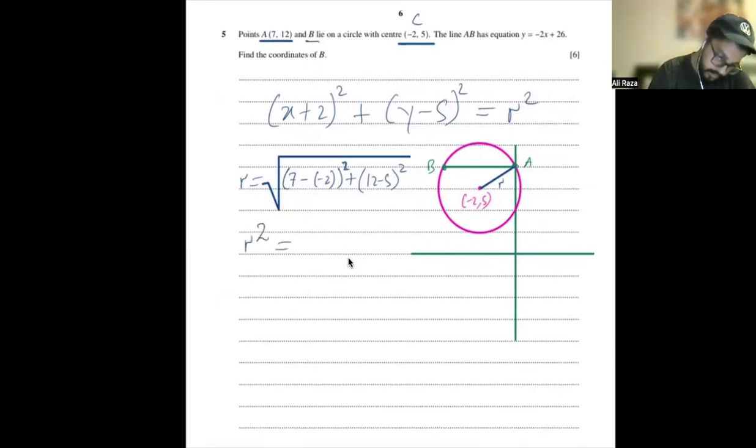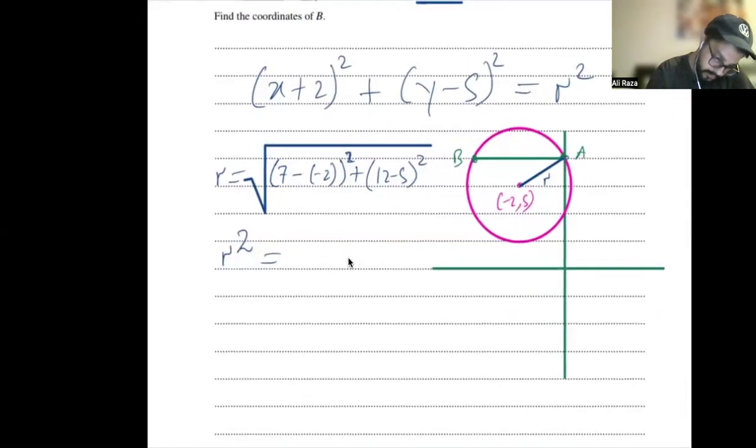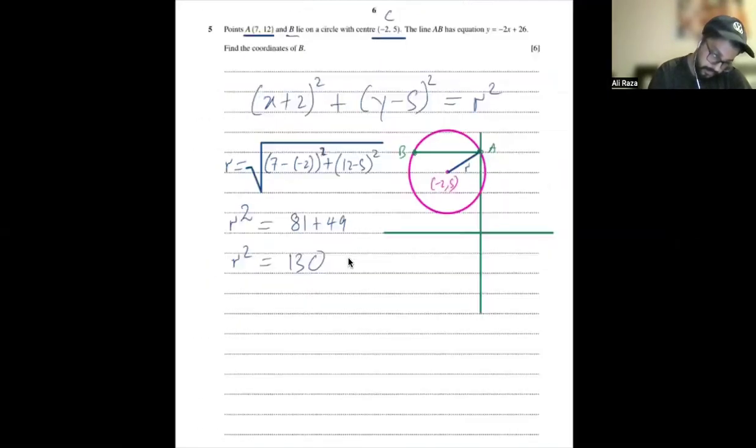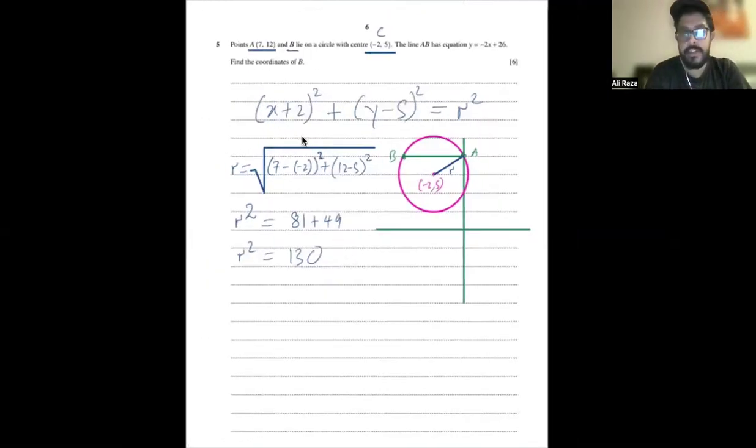R square comes out to be 130. So the square of the radius in this case is 130.